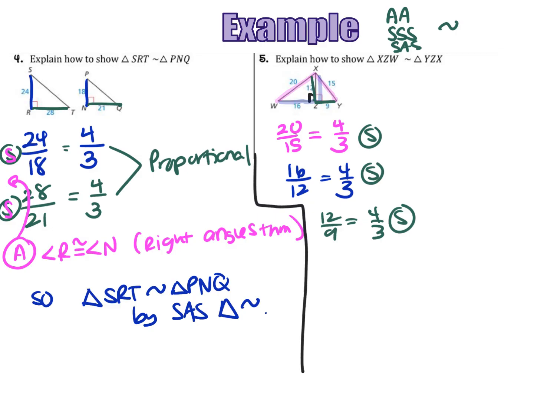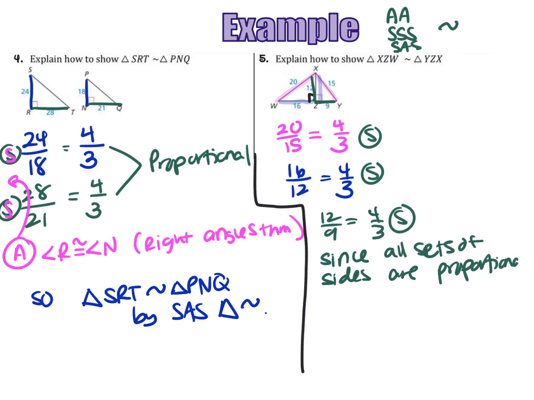So we can say, since all sets of sides are proportional, triangle XZW is similar to triangle YZX by side, side, side triangle similarity.